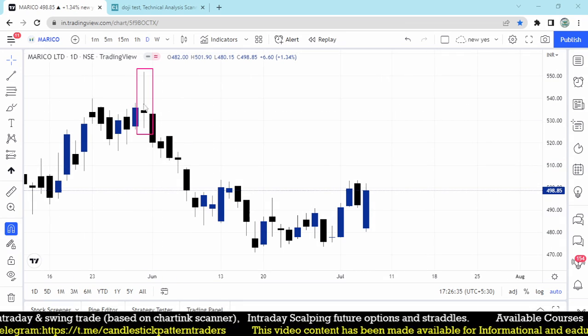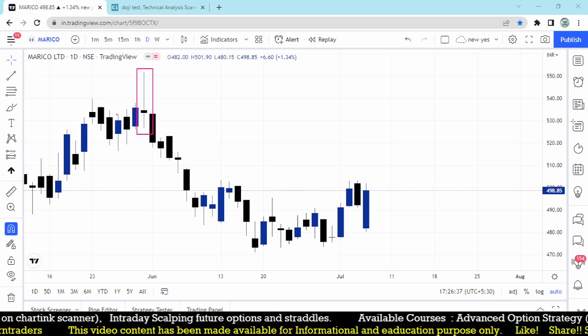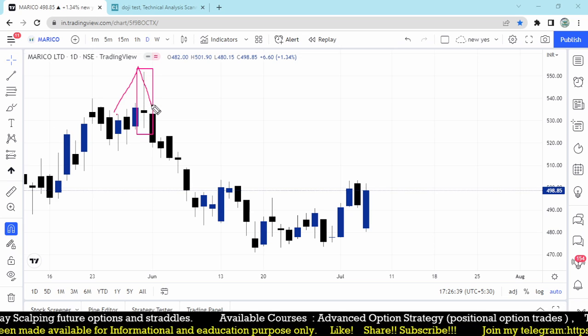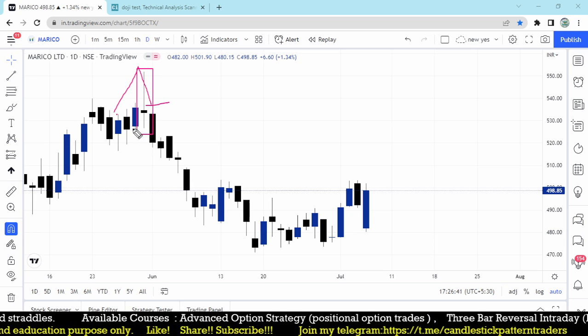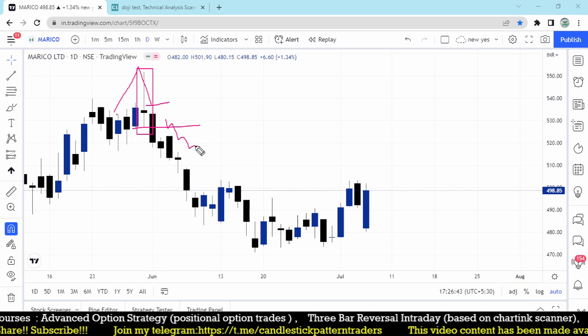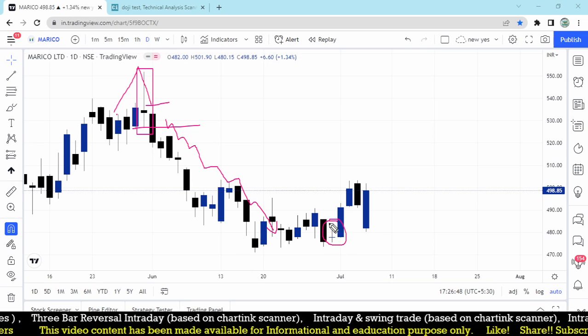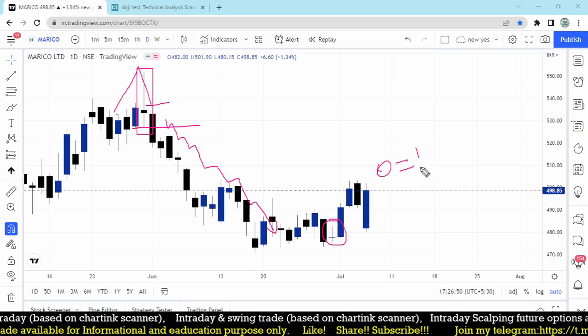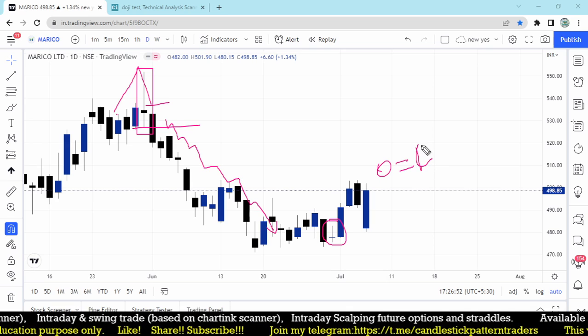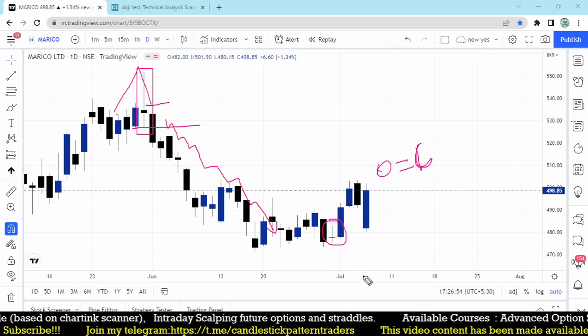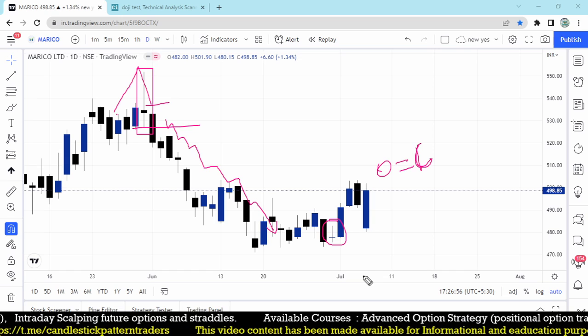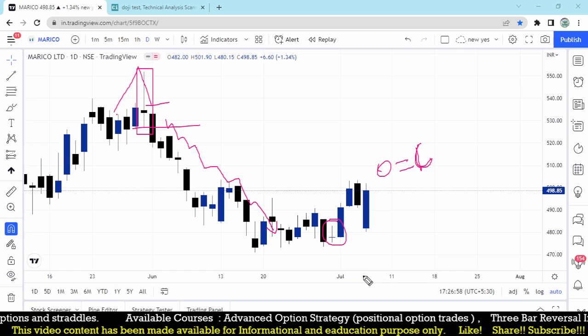It made a high and went up, the price was strongly rejected, and it formed a doji candle. Once it breaks below the level, there is a fall in that particular stock. Again, here is a doji where open is exactly equal to close, but most of the time it may differ by 5 paisa, 10 paisa, or 15 paisa.